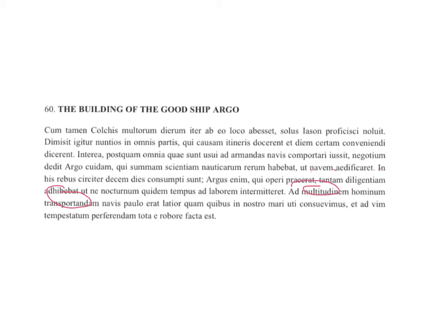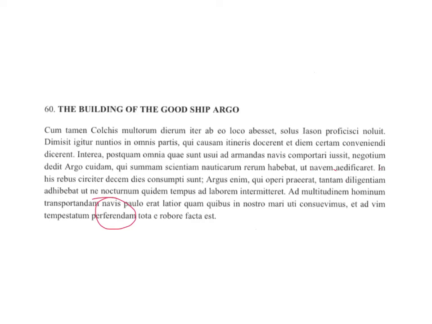Et, and, it facta est, perfect passive, and it was made, tota erobore, completely from oak, ad vim tempestatum perferendam, literally for the strength of a storm to be taken on. Perferendam, again passive, therefore again a gerundive rather than a gerund.